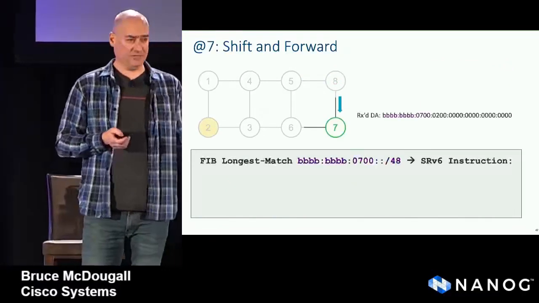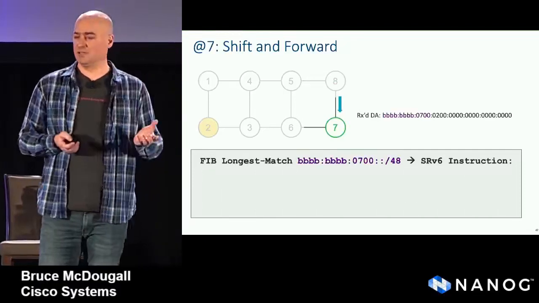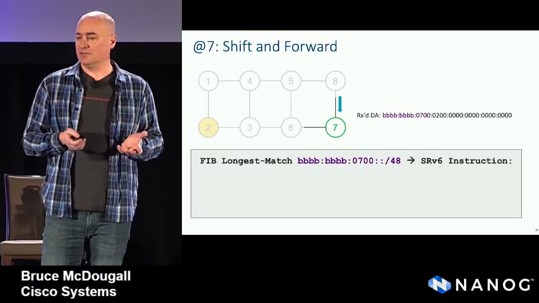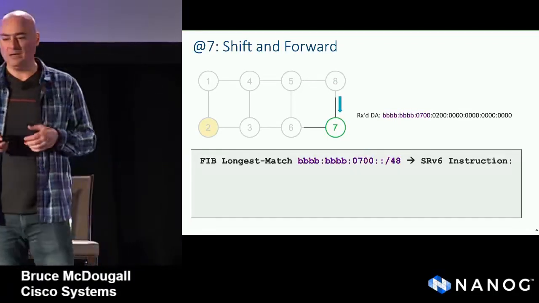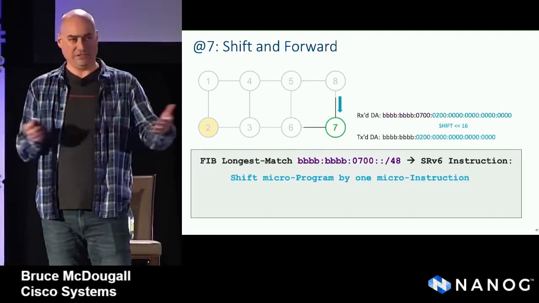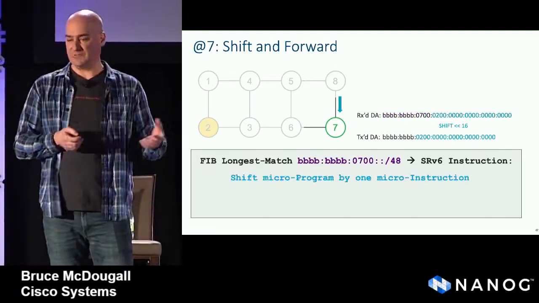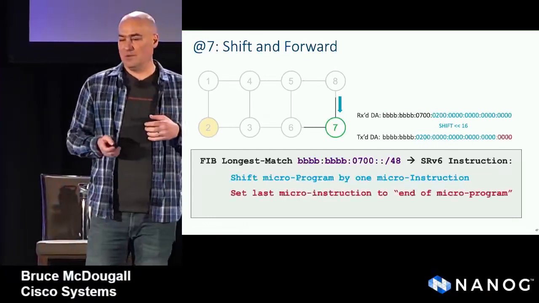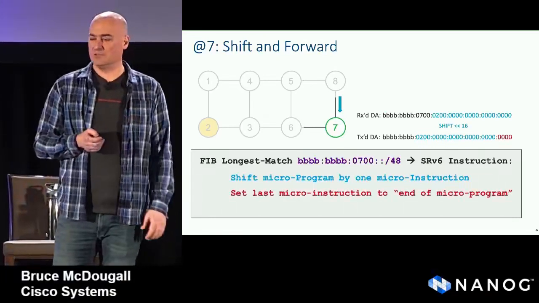Packet arrives at router 7, and essentially the same process repeats. Router 7 sees that its own locator is the address. It's going to take that address, perform a 16-bit shift and forward, so it takes its own self out of that, and then backfills the last 16 bits with zeros.